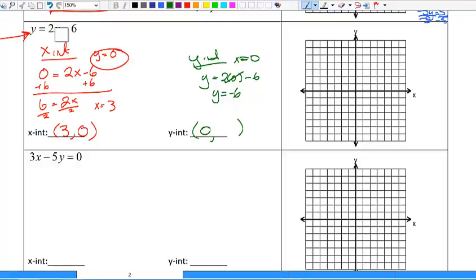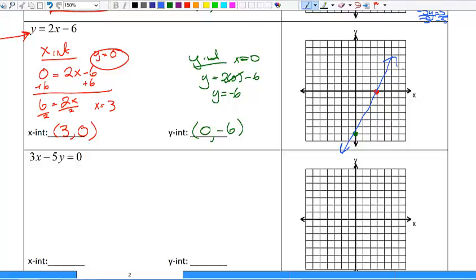It's just the other one, the x-intercept, took a little bit more effort. So my y-intercept is -6. So if I go ahead and plot the -6, 1, 2, 3, 4, 5, 6, and the 3 for the x-intercept, that is sufficient to draw a pretty good line.